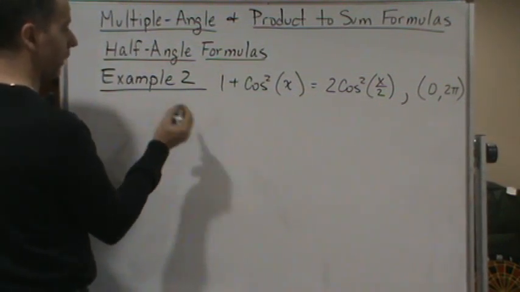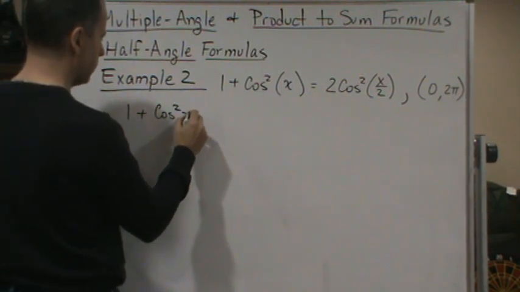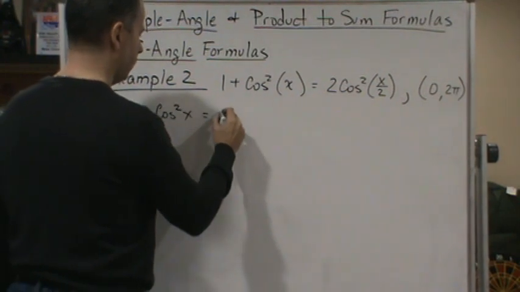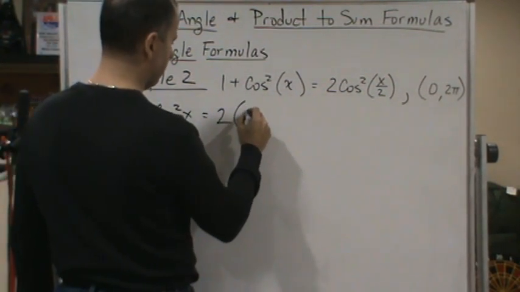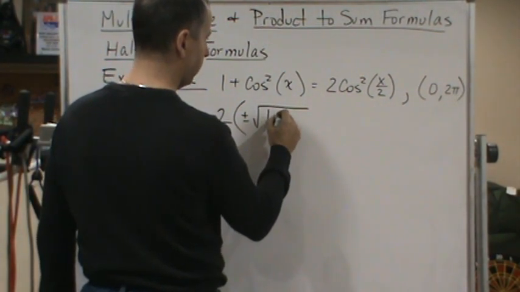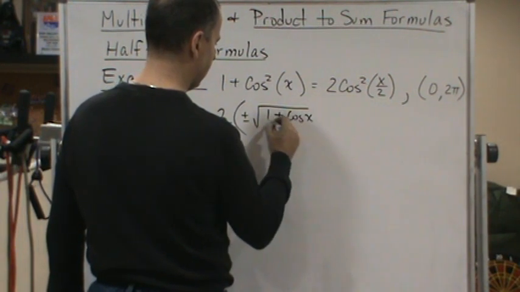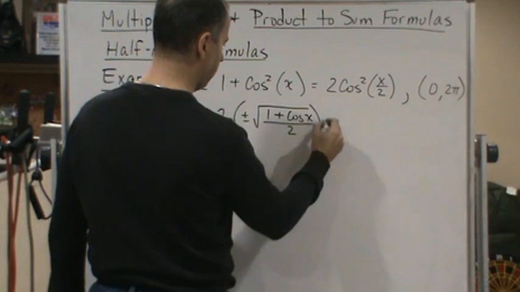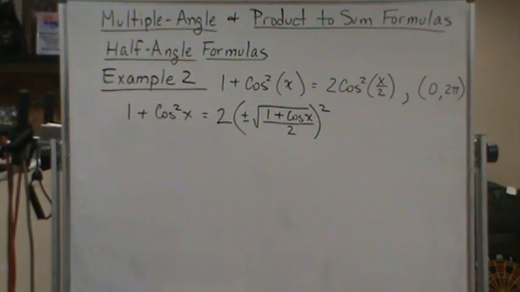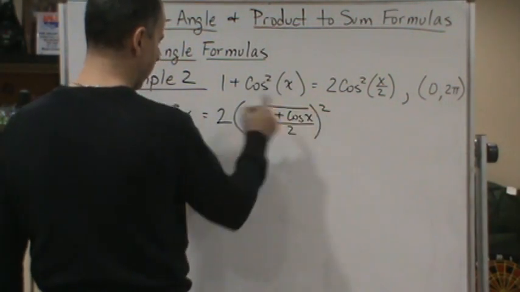So let's solve this. Okay, so now this will become 1 plus cosine squared x equals 2 times, it's going to be plus or minus the square root of 1 plus cosine x over 2 quantity squared. And now when we simplify this, it doesn't matter if this is plus minus because we're squaring it.